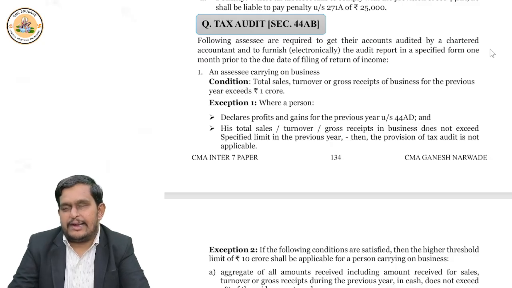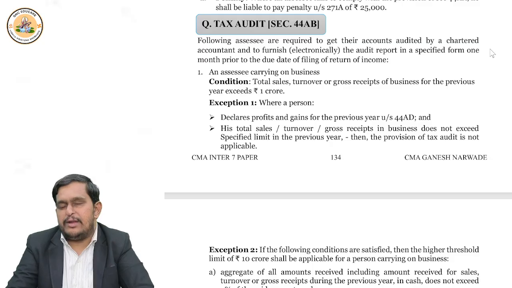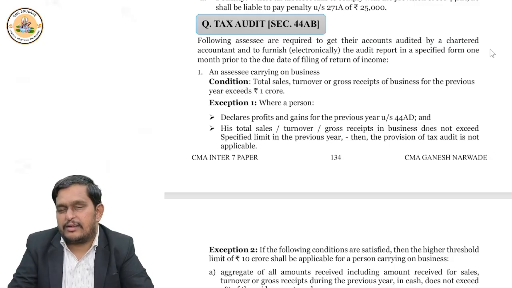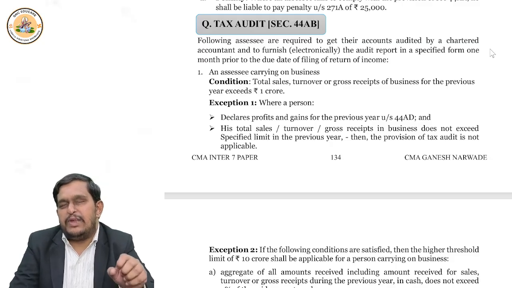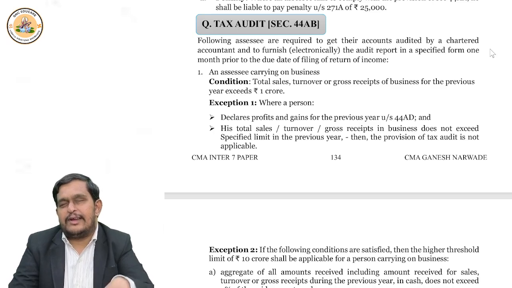Now, when we study this, 44AA, maintenance of books of accounts, and 44AB, tax audit, both are completely independent of each other, right? Books of accounts should be maintained if you satisfy very minimum conditions, minimum turnover, minimum income, correct? But tax audit should be done after you achieve a certain high level of turnover.